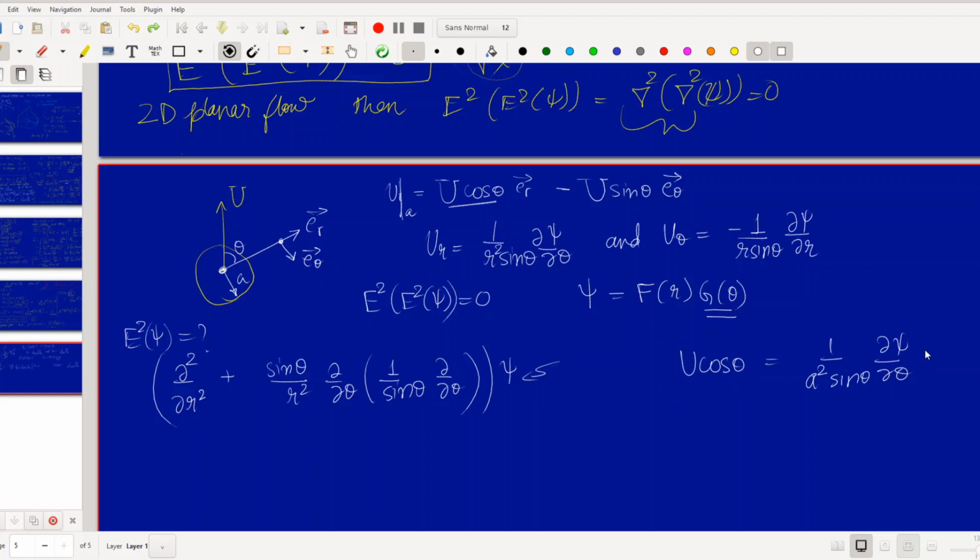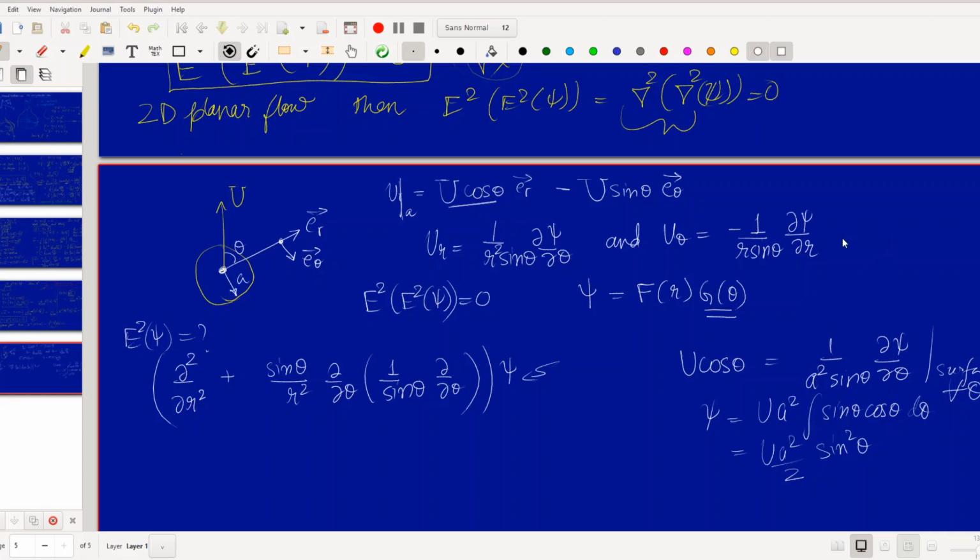If this is to be true at the surface for all theta, then psi has to be of the form U a square integral of sin theta cos theta, right? So U a square by 2 sin square theta, something like this.